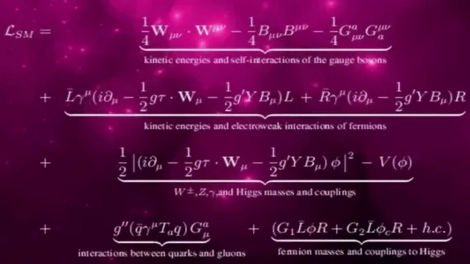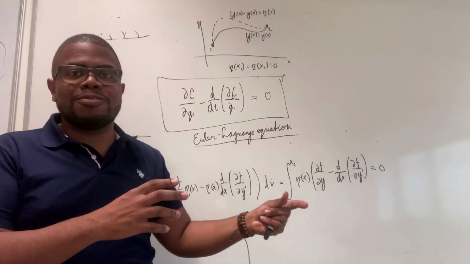Again, it's the same concept of kinetic energy minus potential energy, but it just looks much scarier because the kinetic terms can be many different terms, and so can the potential terms be many different terms as well.